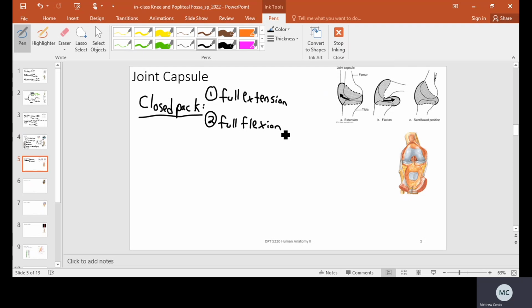And this is why. If I draw in, this being my femur, and this being my tibia.